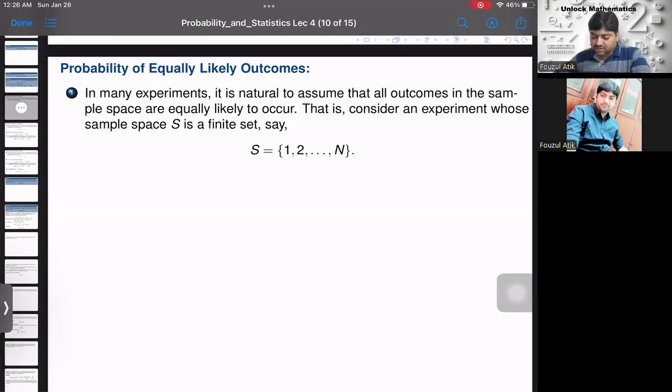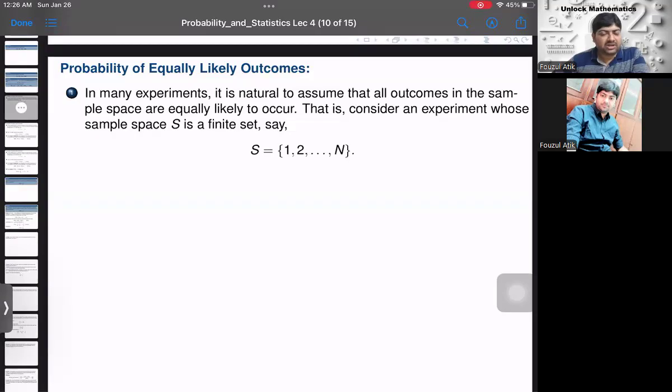So here, all outcomes will be equally likely. Just for example, suppose I throw a dice, and we all know that it has 6 faces. If the dice is equally shaped, there will be no bias in any of the faces. If I have such a case, then any face can appear with the same probability, right?